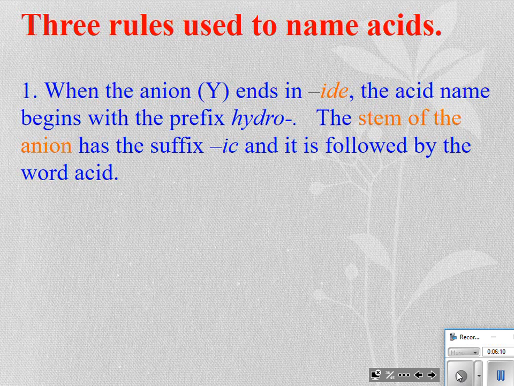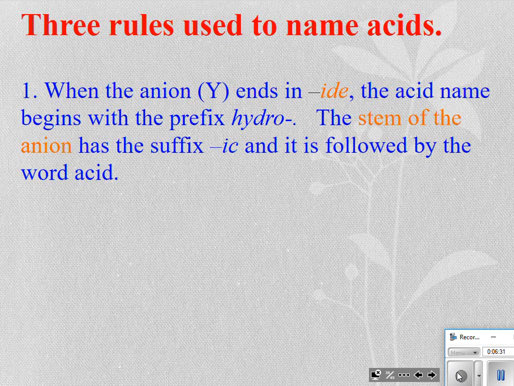Would we agree on that? Well, the 3 acid rules depend on those 3 endings, IDE, ATE, ITE.